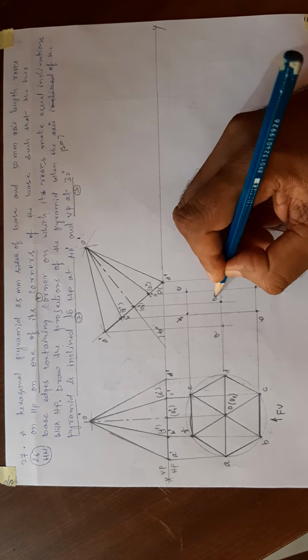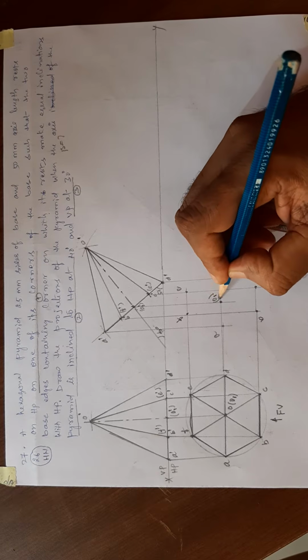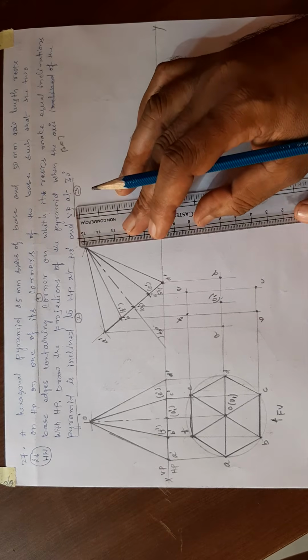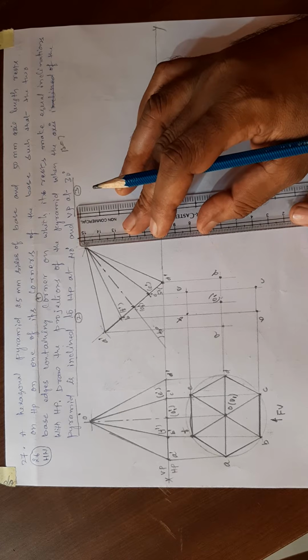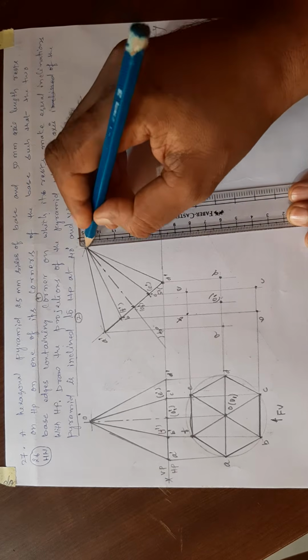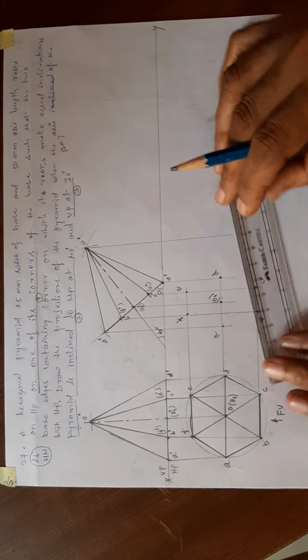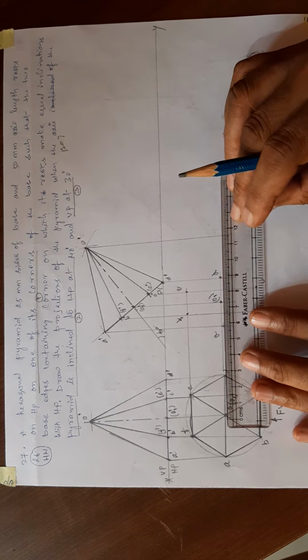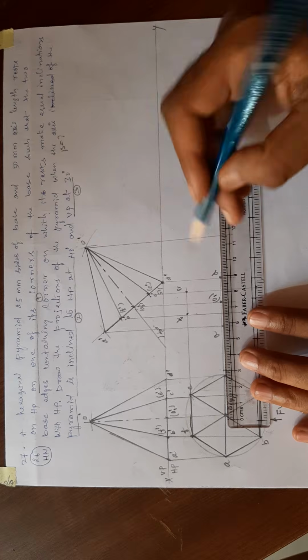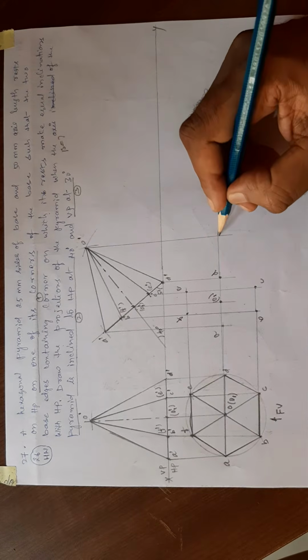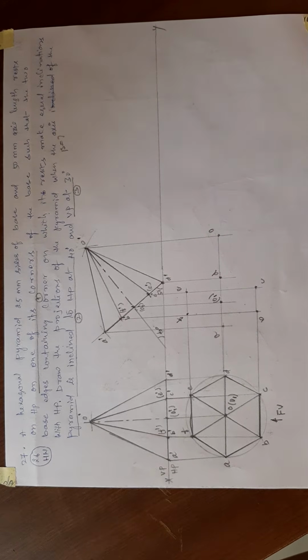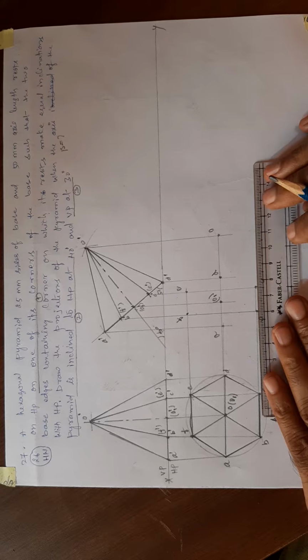This is O1 in the bracket because it is invisible. Then a vertical projector line from O dash, the apex, and a horizontal projector line from O. This point is O. Joining the outside points will give the outline edges. The outline edges are visible, so draw them with a thick line.